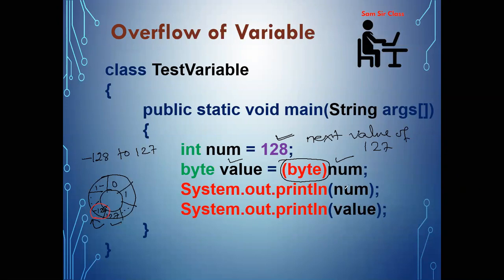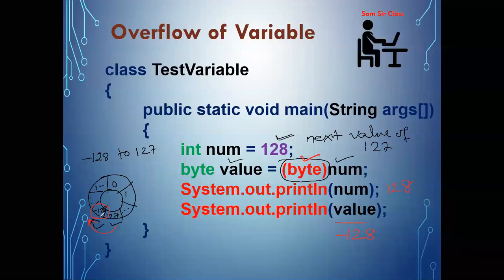So if you print the value of number as integer, you will get 128. But whenever you print the byte value, you will get minus 128. Why minus 128? Because the cycle will go on, because you have done the conversion manually. You want to store the integer value in byte data type, and after 127, you want to print 128.